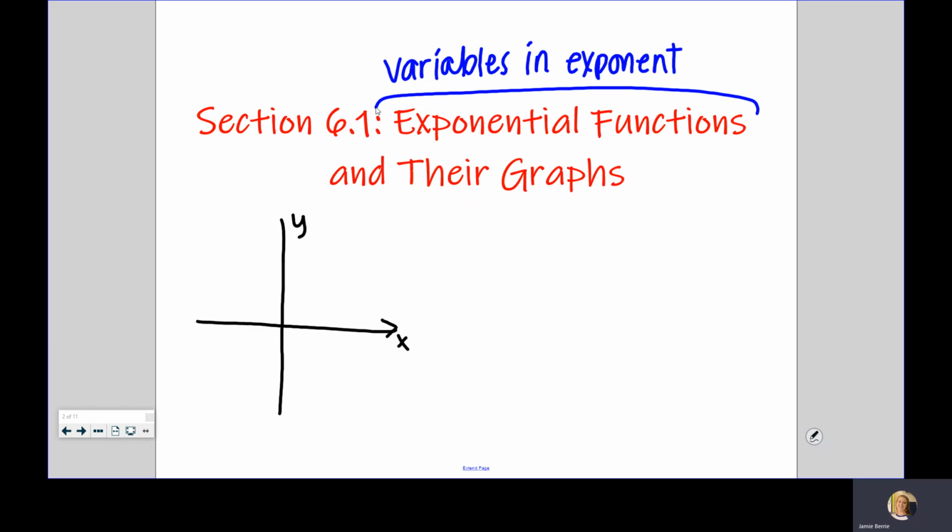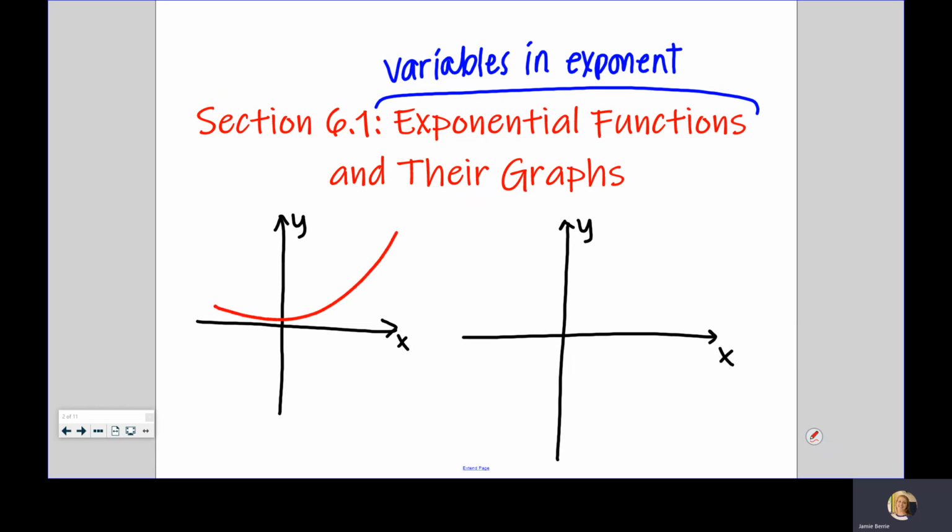So I'm just going to sketch a couple of little graphs here. Having that variable in the exponent, depending on what you plug in for the variable, is going to cause one of two things. It's either going to increase really fast or it's going to decrease really fast.